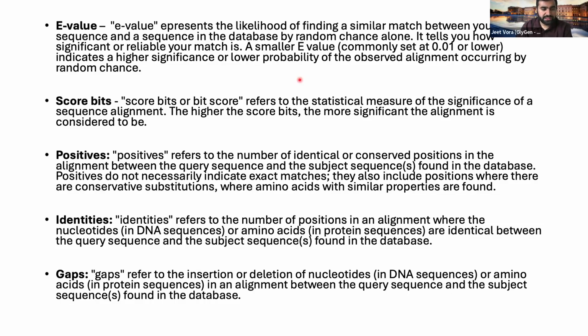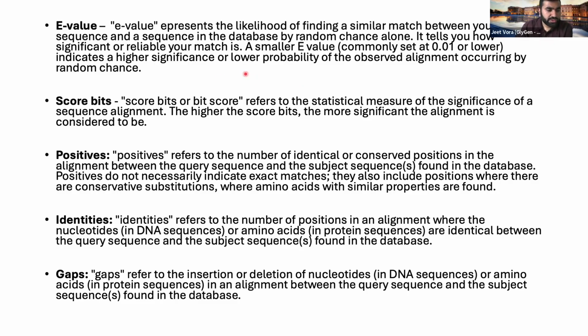So that's about the e-value. The bit score is a statistical measure of the significance of the sequence alignment. It is a score that provides information on how significant your alignment is, and usually the higher the bit score, the better your alignment.